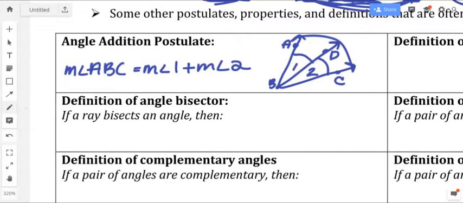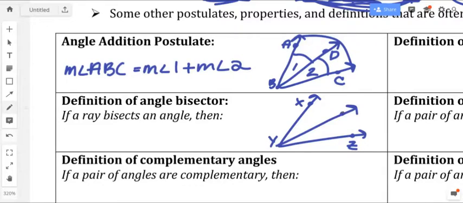The next one is definition of angle bisector. So this one would only be used if in the given information they said something about there being an angle bisector in the picture. Let's draw a picture for this one as well. I'm going to call this one XYZ. And then let's do like ray YW or something.